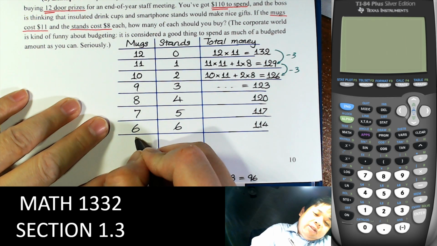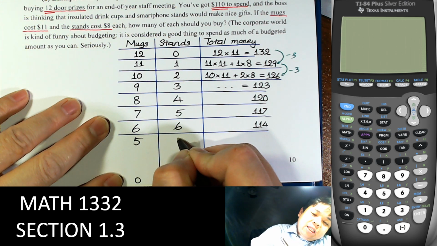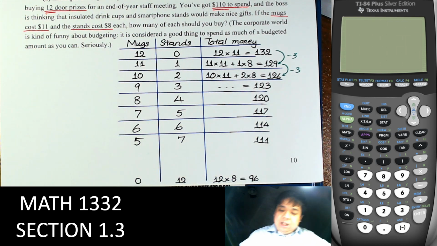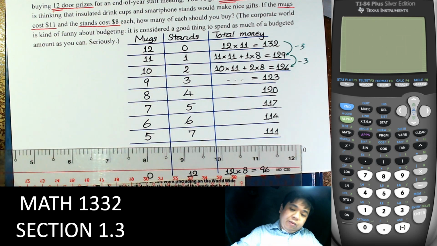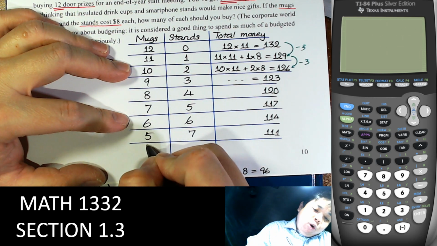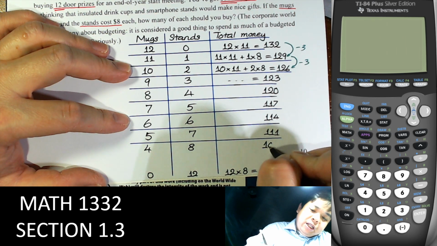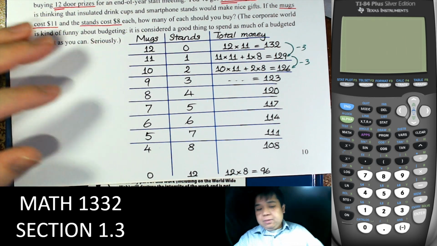And if we have 5 mugs and 7 stands, that's 111. We need one more. If we have 4 mugs and 8 stands, that will be 108. Now that is below 110, so this is a good solution.